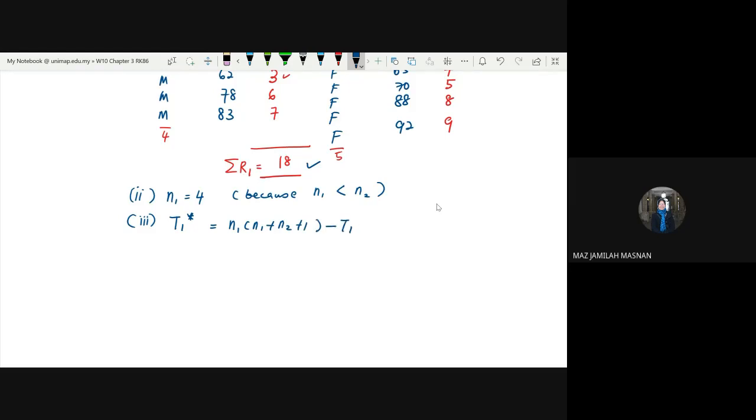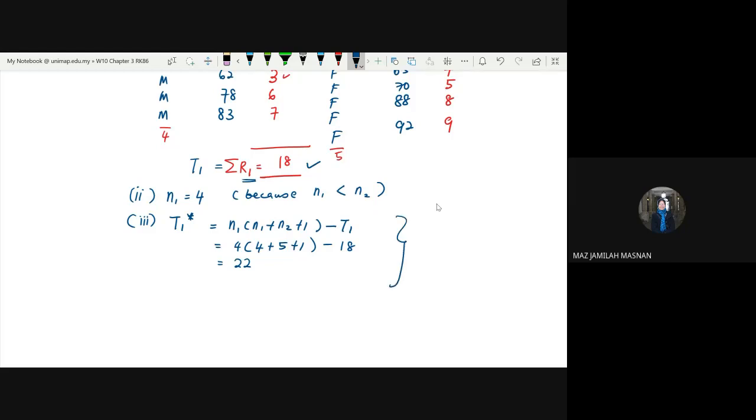Your T1 is obtained from this particular line. Remember, your T1 is obtained from the summation of the ranks of sample 1. So n1 is equal to 4, 4 plus 5 plus 1 minus 18. So you will get 22. You just got the first one.